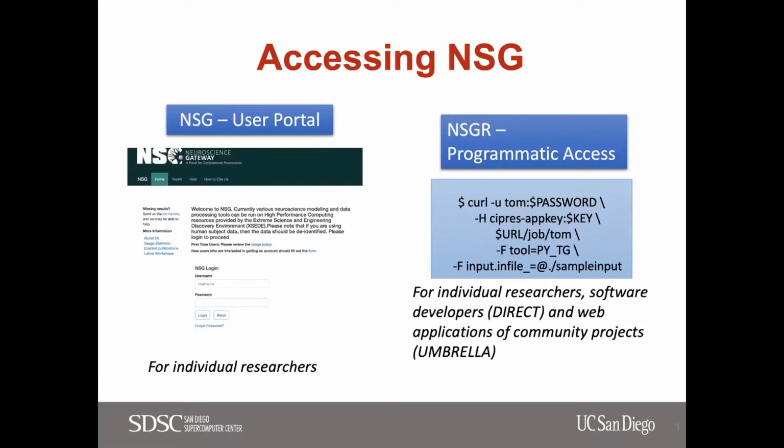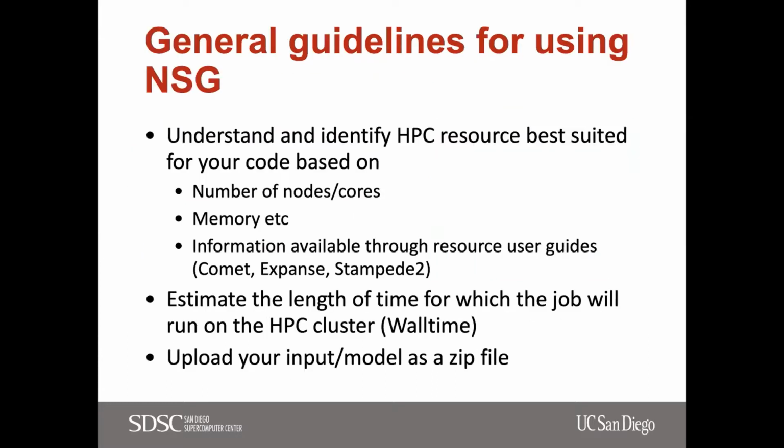Now, regardless of whether you come in through the portal or the programmatic access, I just want to share some general guidelines for using NSG. Though NSG is created such that the purpose is to hide all the complexities associated with using a supercomputer, we do want our researchers, especially if your code or your model is CPU bound, or memory bound, and a little bit performance sensitive, to identify the HPC resource which is best suited for your code.